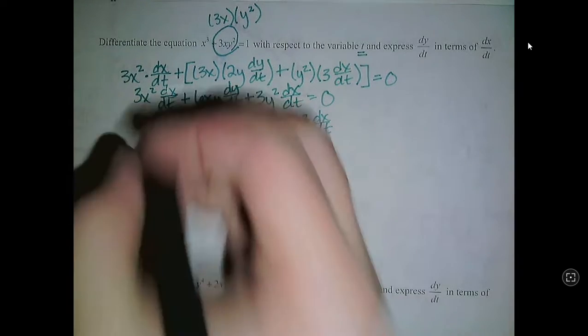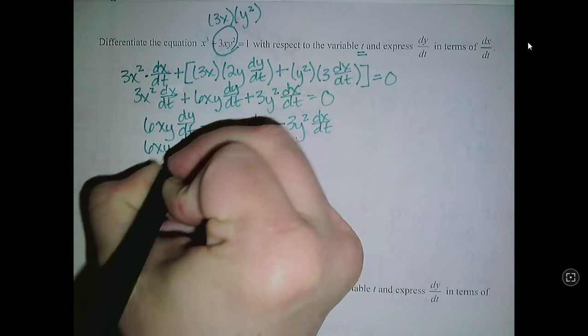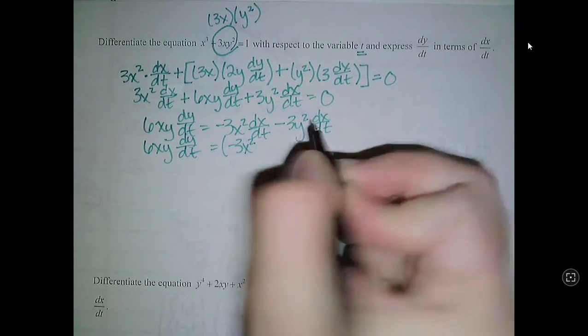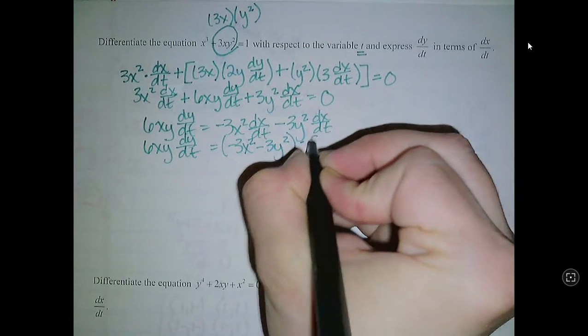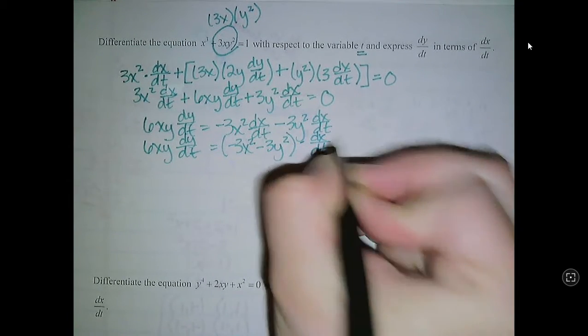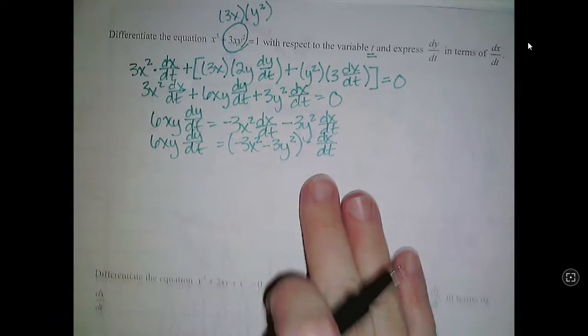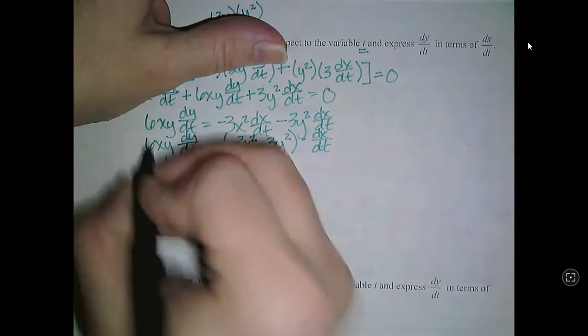So I have 6 times x times y times dy dt equals negative 3x squared minus 3y squared times dx dt. Now to finish solving for dy dt in terms of dx dt, I'm going to divide everything by 6xy.